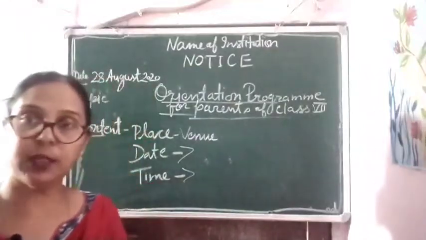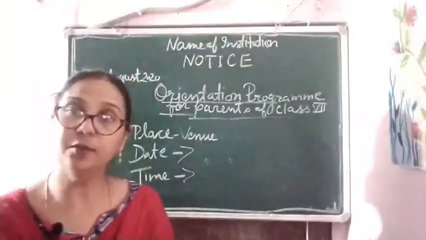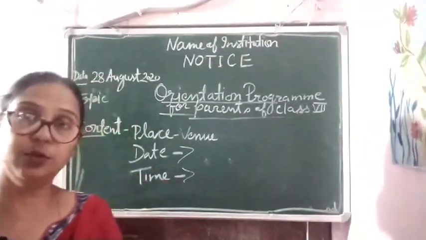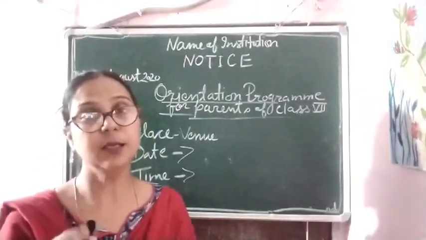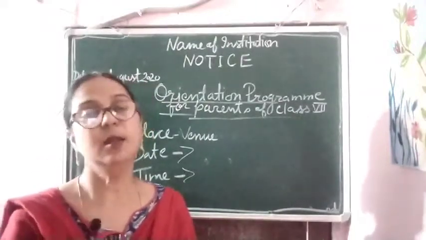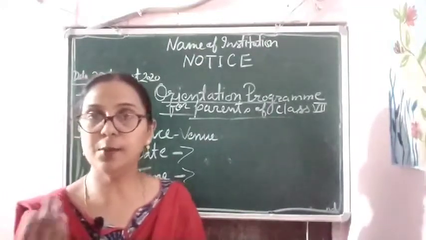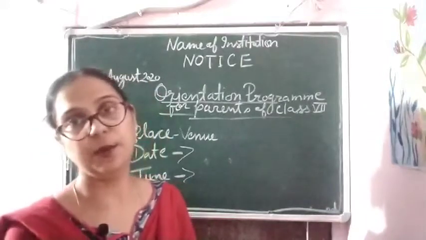So venue should be there, date should be there, and time. On which time parents are supposed to come, you will always mention. Because without timing, the parents are not fully informed, and they are not able to understand when they will come. Always keep this in your mind.